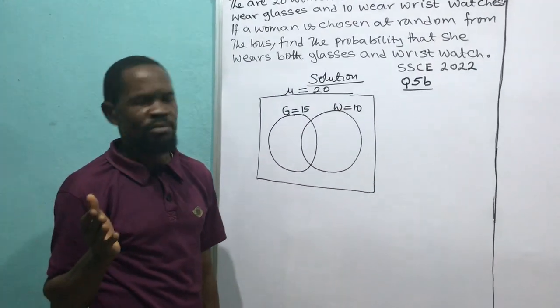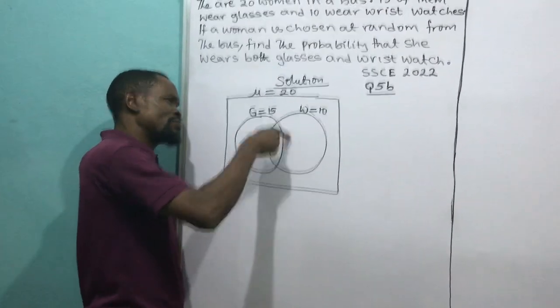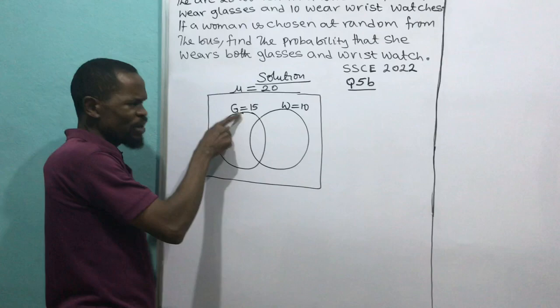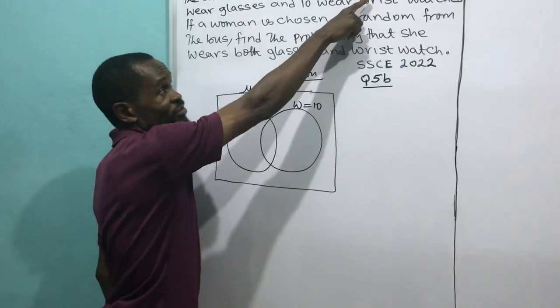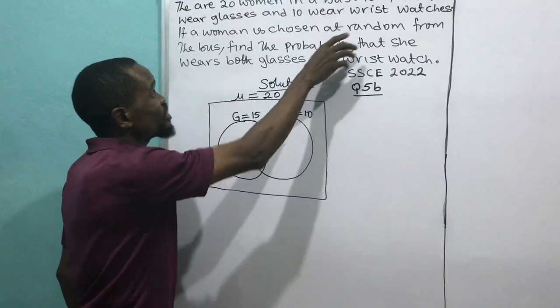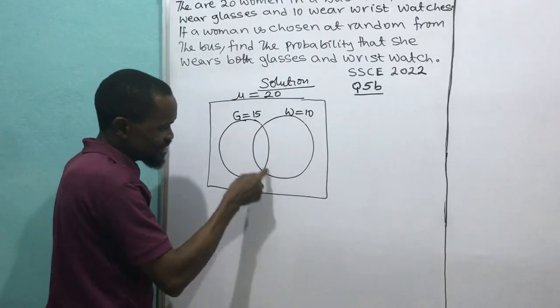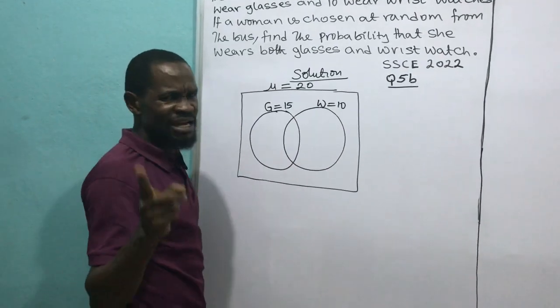You follow me? I'm coming again. This circle represents the women that wear eyeglasses, which they said is 15. And 10 represents those women that wear wristwatch, and that's this circle. Then when you look at these 2 circles, they intersect.